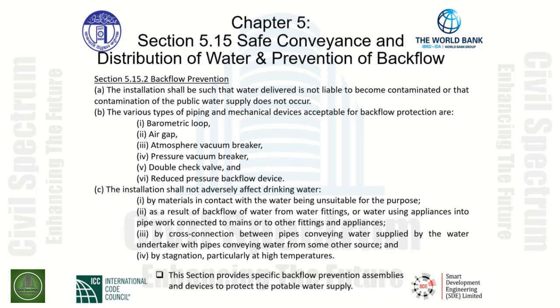This section provides specific backflow prevention assemblies and devices to protect the potable water supply.